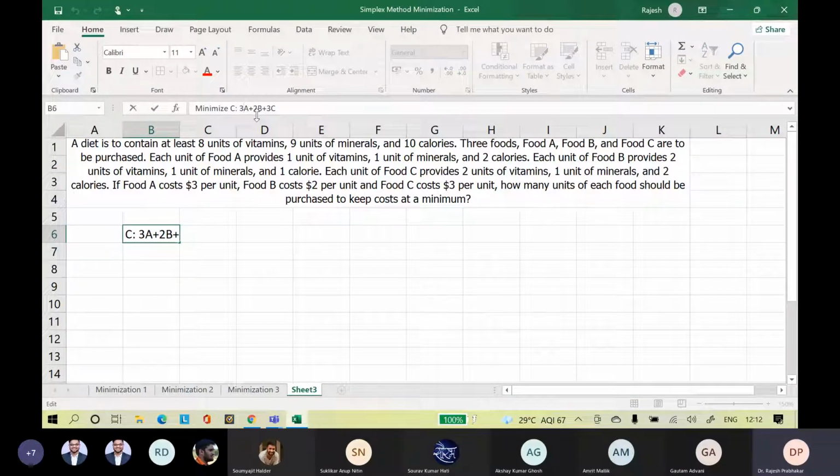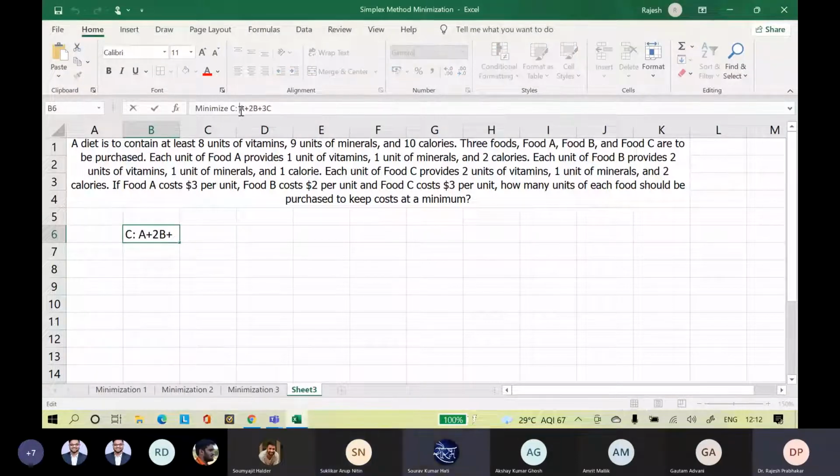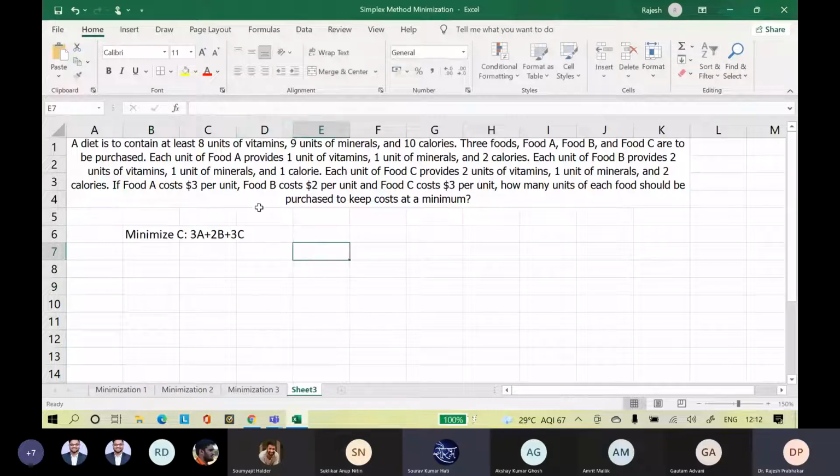What is the diet? Sir, I guess 8 vitamins plus 9 units of minerals plus 10 calories. That should be the actual constraint, right? The objective function is the cost, so it will be in units of dollars.